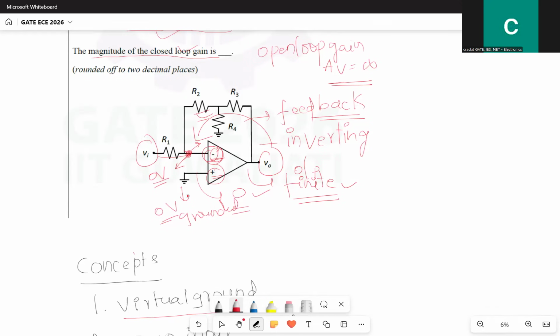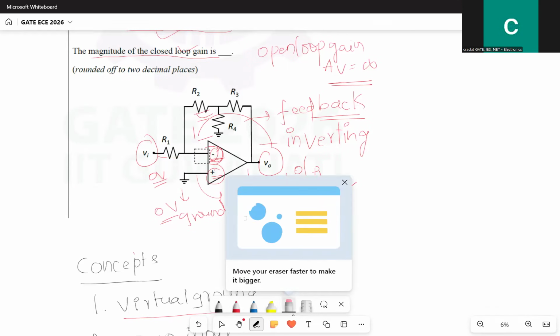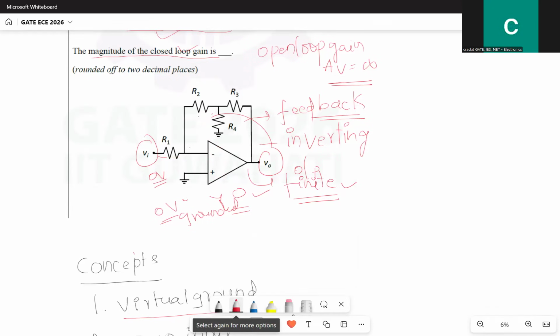The second concept is zero input current. This is the input terminal. Here the input current should be 0 because the input impedance is infinite.